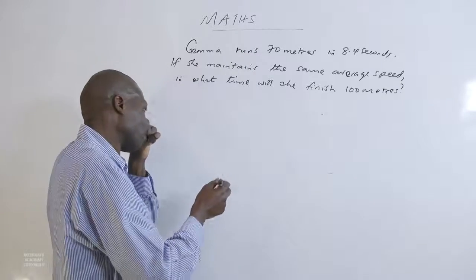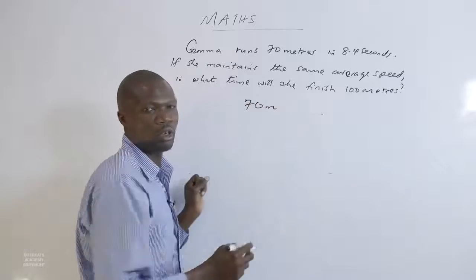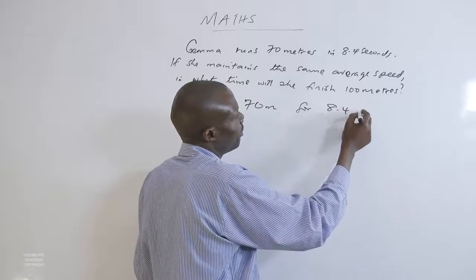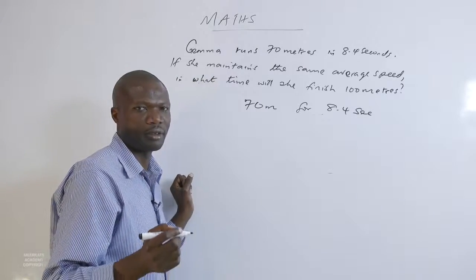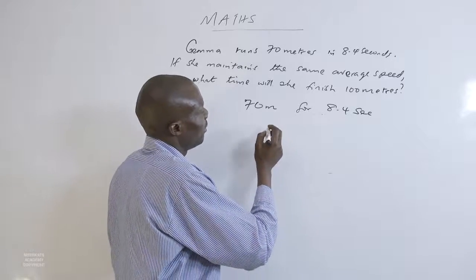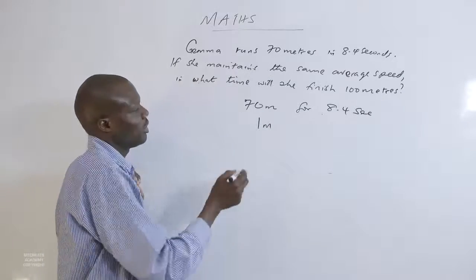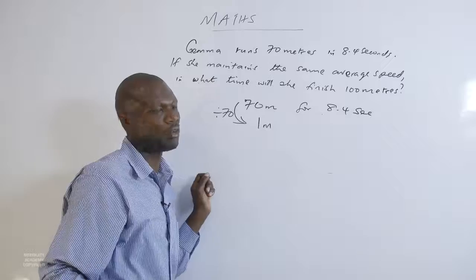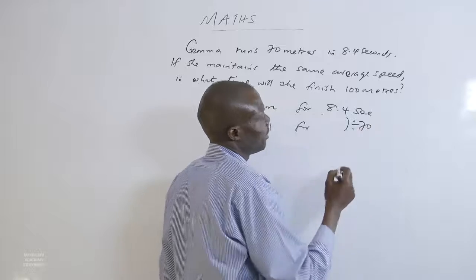So here we are looking at 70 meters. Let me call it M. She runs 70 meters for 8.4 seconds. How long will she take to cover 1 meter? That means we shall divide by 70. So I find that the rate of running 1 meter is 8.4 divided by 70.